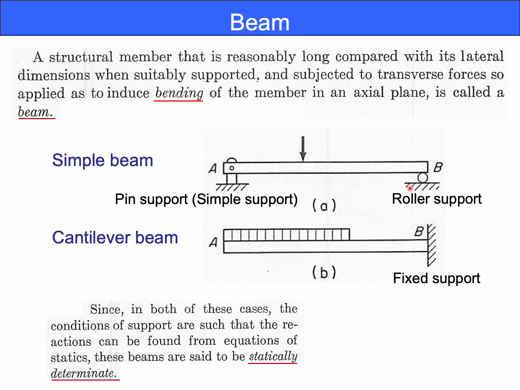Thus, it provides only one vertical reaction force, Ry. Reaction force in y component only exists. This allowance for horizontal movement is important, as it prevents thermal expansion or contraction from inducing large unwanted internal stresses.